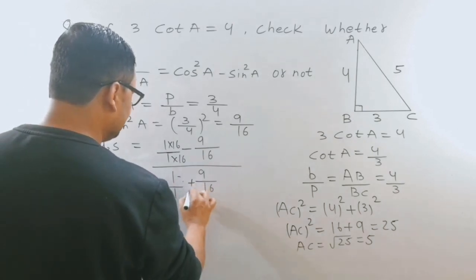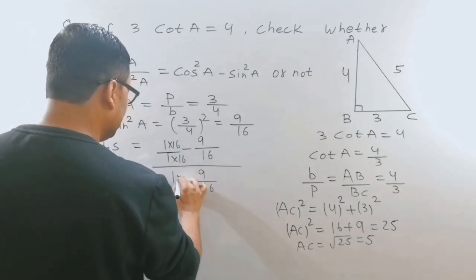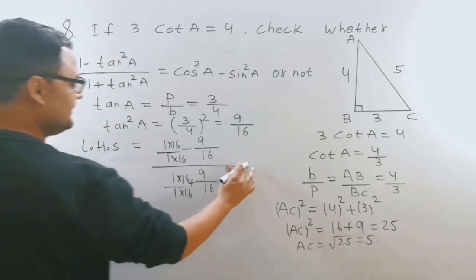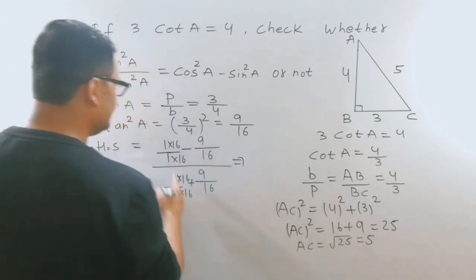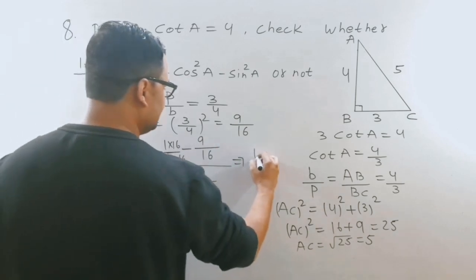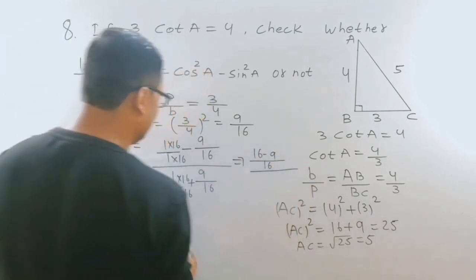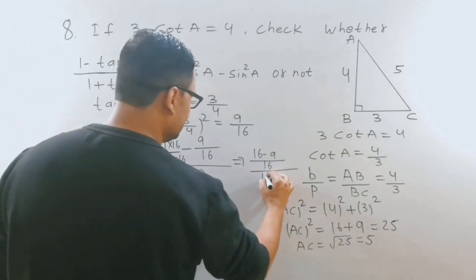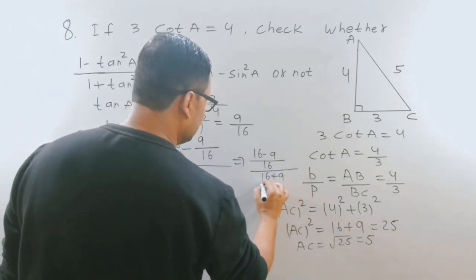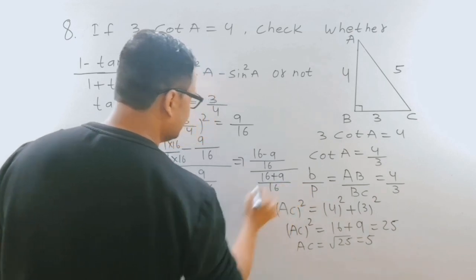So what we got? 16 minus 9 by 16, divided by 16 plus 9 by 16.